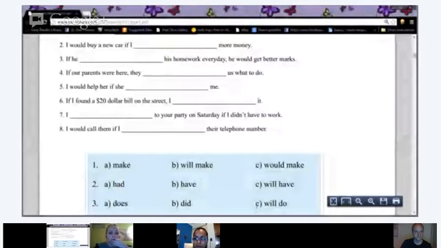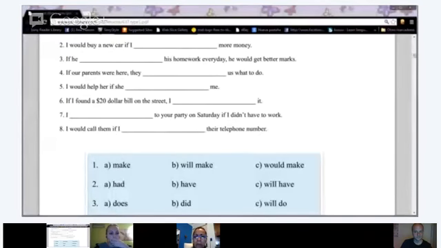So which one would we select? Remember our formula here. We want to do a past simple. So it's if plus past simple, then we use would plus base verb. Which one would you select?